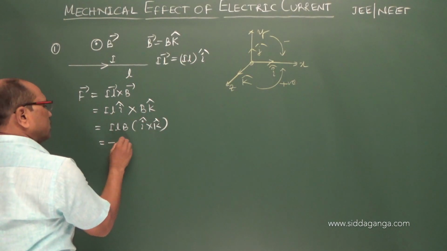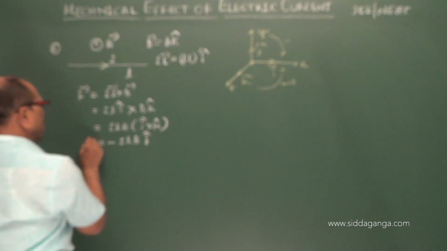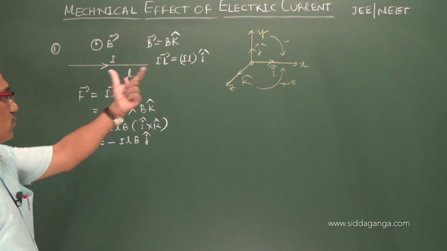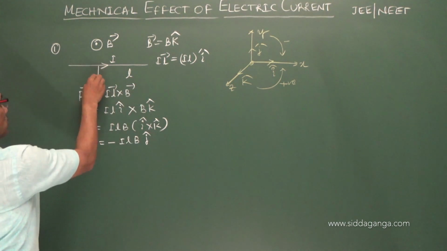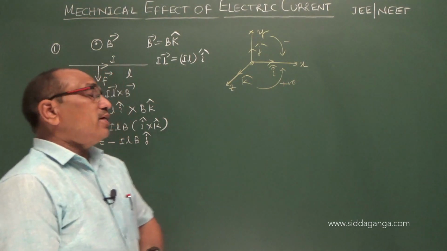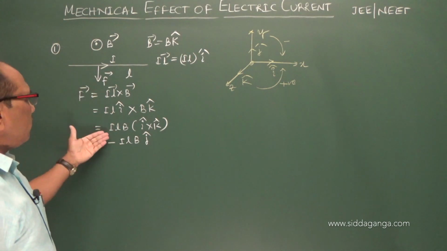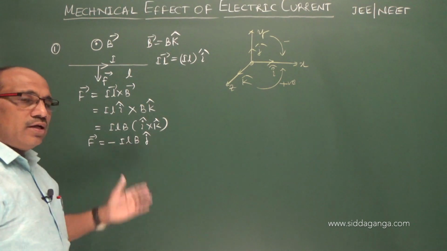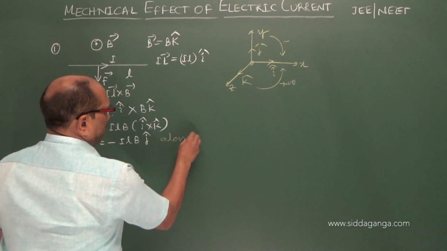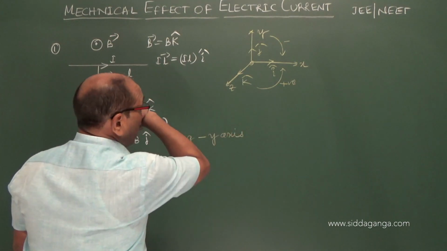That means minus ILB J is the answer. The force is acting downward. You obtain the direction of the force, and also the magnitude. If they give the values, you can substitute and find the answer. In what direction? Along the minus y axis.